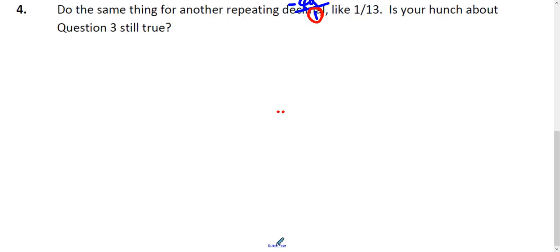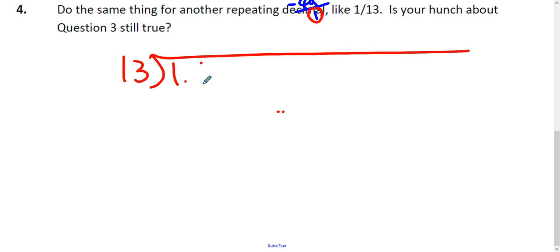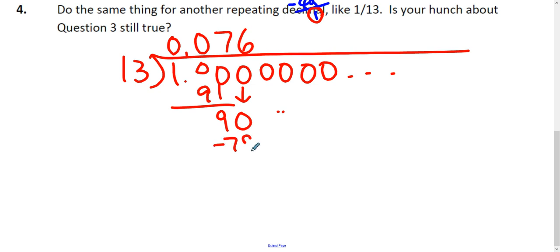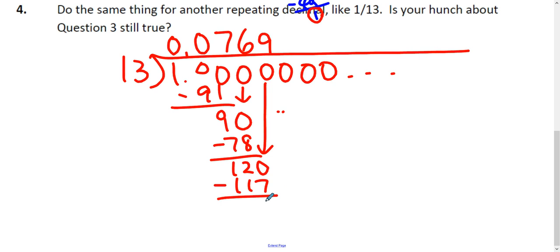And then you're gonna try it again. You're gonna say, oh, really? I can do this. Let's try this with 13. I mean, how far could this possibly go? No one knows, right? Nobody's actually done this. 13 goes into there 7 times. And you're like, okay, I haven't seen a 9 before, so we'll try this again. And that goes in 6 times. And then we're subtracting, and you're like, I haven't seen a 12 before, so let's try that. That's a 9, because that's 117.